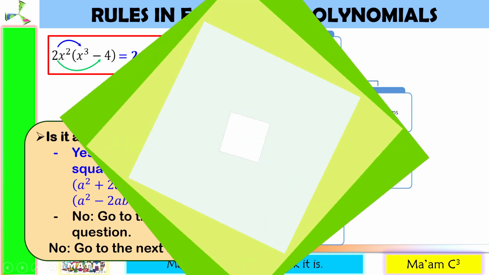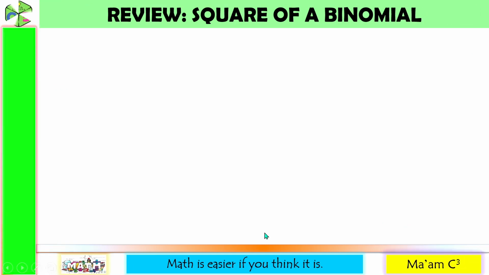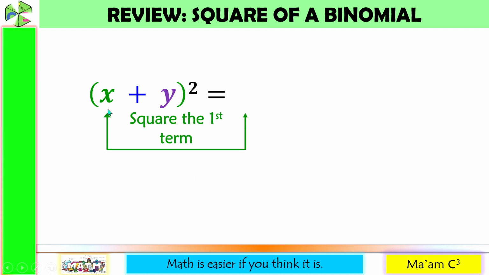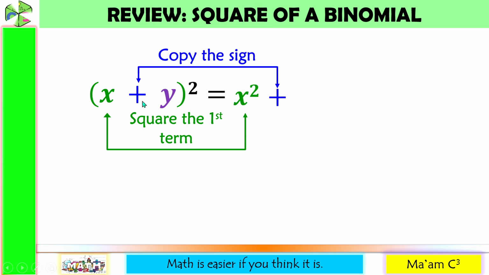Let's have a quick review first of your lesson back in grade 7, which is squaring a binomial. So suppose we are given the quantity x plus y squared. How do we square this? First, we square the first term. So x raised to the second power is x squared. And then we copy the sign of the middle term. And then we have to multiply the first and the second term and multiply them by 2.